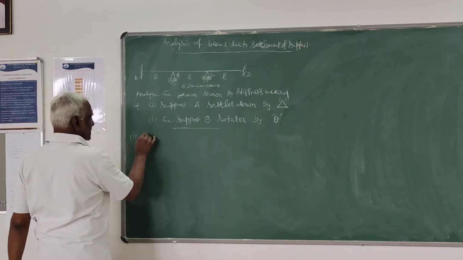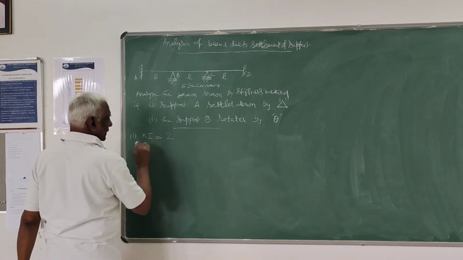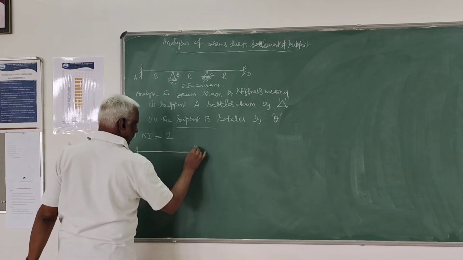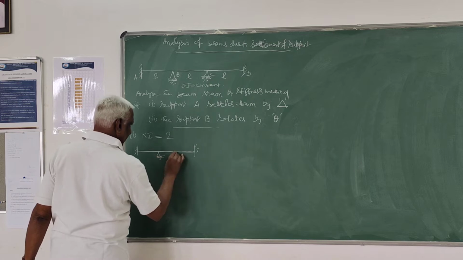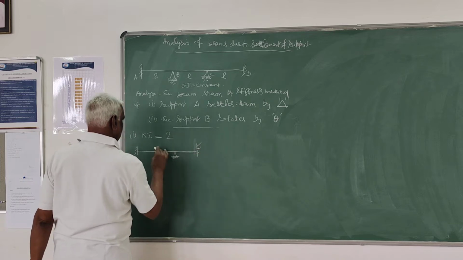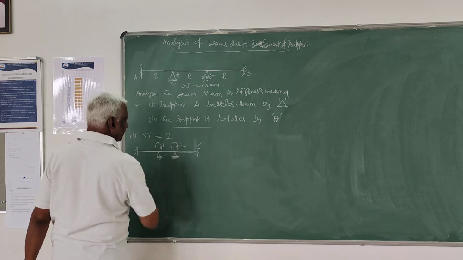The first step is you have to find kinematic indeterminacy, which is nothing but here 2. So there are the rotations at B and C. So kinematic indeterminacy will be this coordinate 1, coordinate 2.